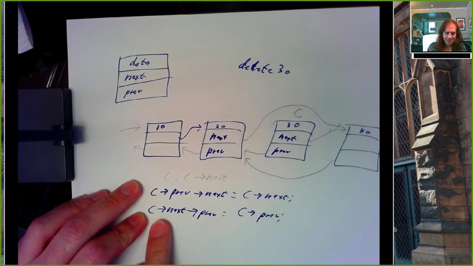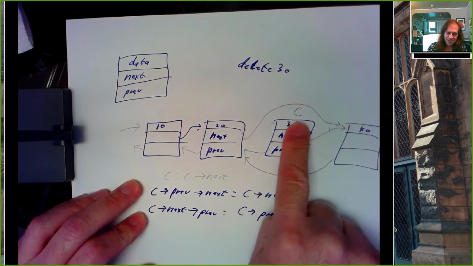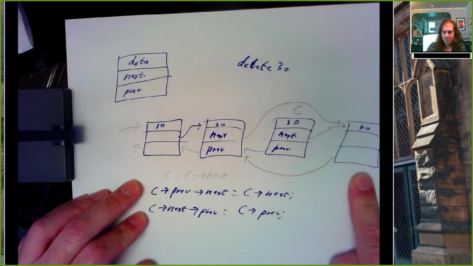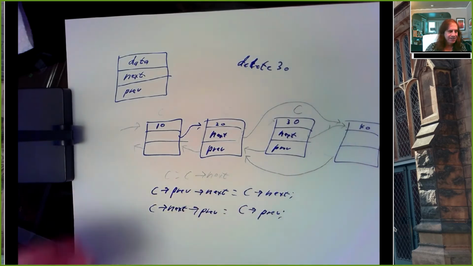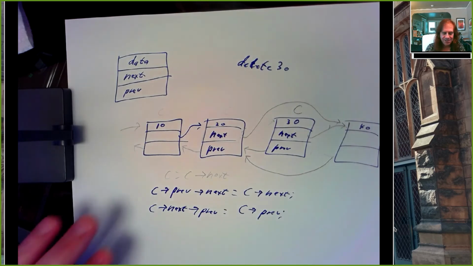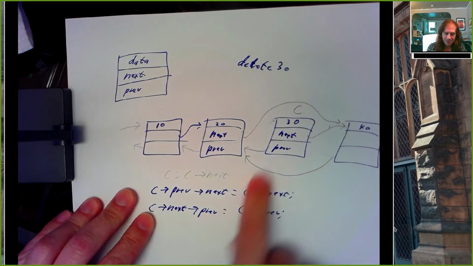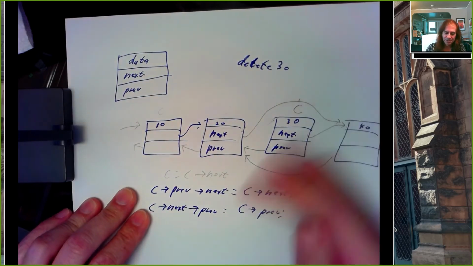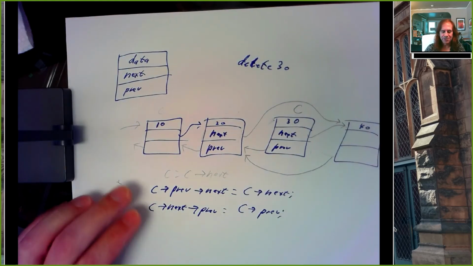This C arrow next arrow previous says C arrow next arrow previous. And your brain will connect the idea of following these arrows with following these arrows, however you draw these pictures, whether on paper or in your head.